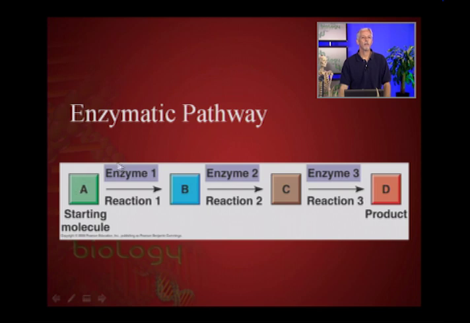And so when you start with a certain molecule and an enzyme works on it and alters it in some way, and then a second enzyme works on it and alters it in some way, and a third enzyme, and so on, and you eventually end up with a product that is distinctly different from your starting molecule, we call that a pathway. So you're going to start at one location, you're going to end up at another location in a pathway. Here we're going to start with one substance. We're going to end up with a different substance at the end of the pathway.